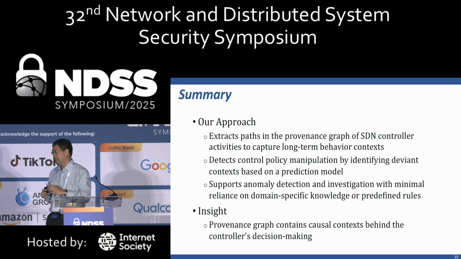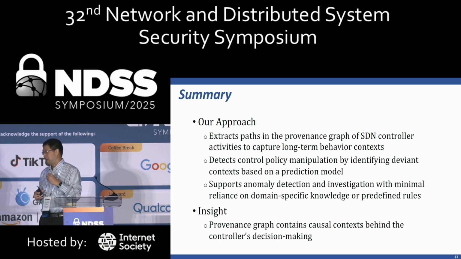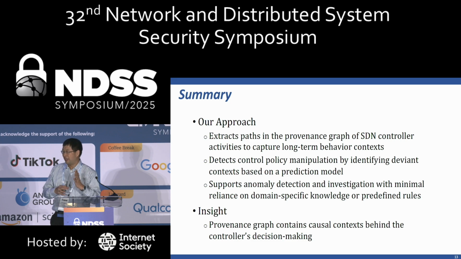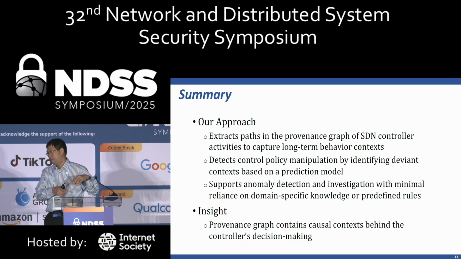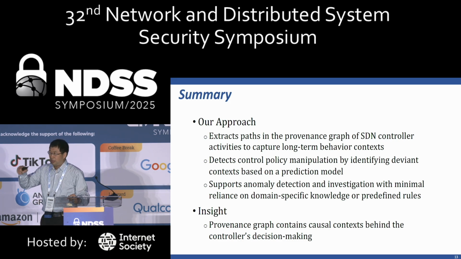So we are preventing the control plane logic from being affected through other means. Basically, if we turn on this approach, it can detect the hidden semantics so that we can channel the hidden semantics back to the policy-based or rule-based detection, making it visible.